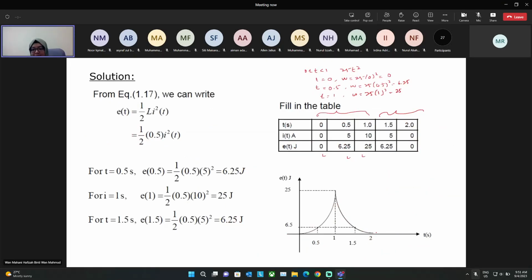And then it repeats. Although the equations are different, you will find the shape repeats, the same shape. This is how you know how to draw the graph.